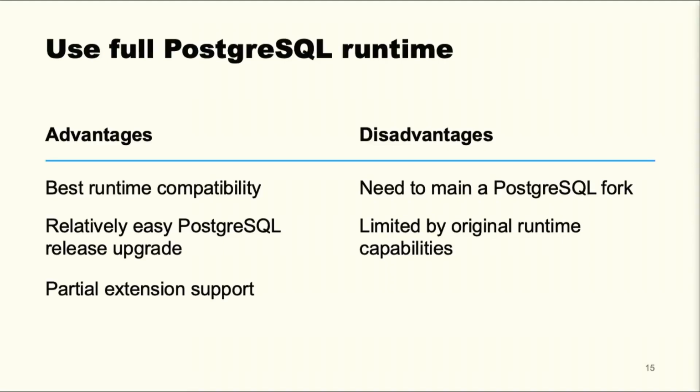But at the end of the day, projects like this end up maintaining a PostgreSQL fork. How hard that is depends on how complex your changes are. If you really touch only the storage part, it will be a relatively easy thing to maintain. But if you don't control what you actually change from the original code base, it might become a full-fledged fork that is not really compatible with the original system.